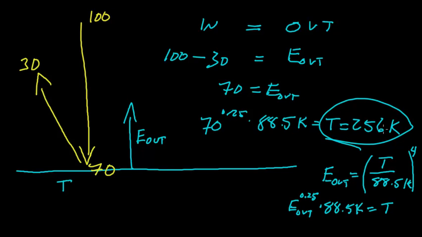If the temperature goes above 256 Kelvin, it'll cool back down. If it goes below, it'll warm back up and maintain this balance on average. Now this is true without an atmosphere. The next tutorial looks at the case when we add an atmosphere, and we'll see how that changes things.